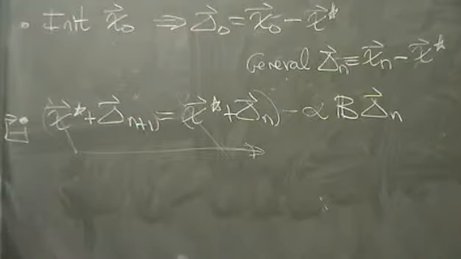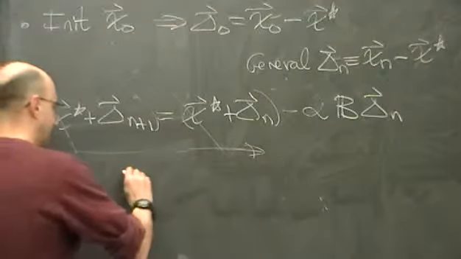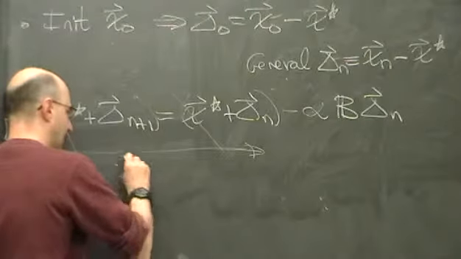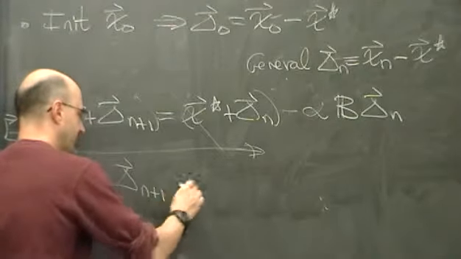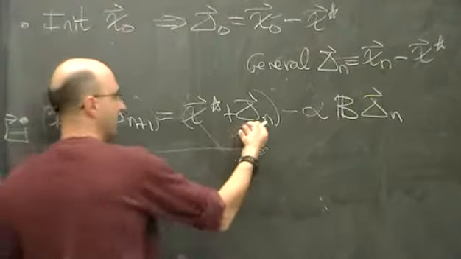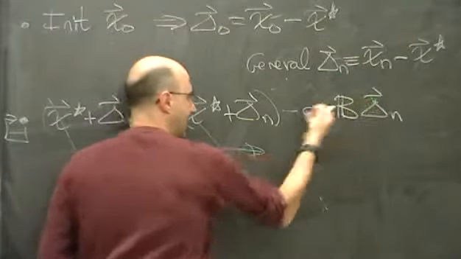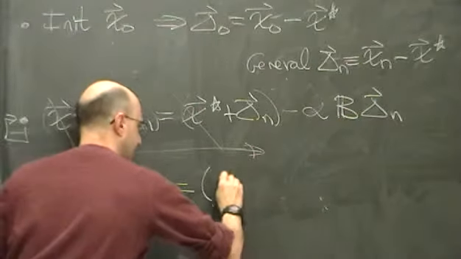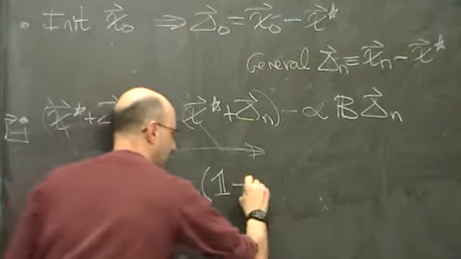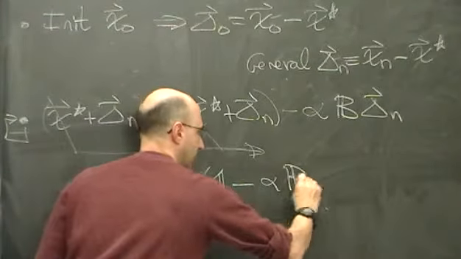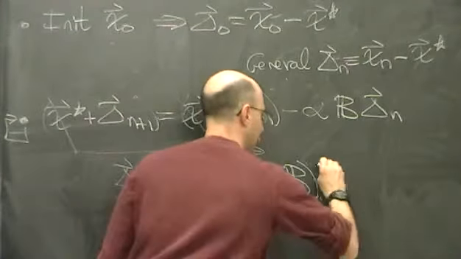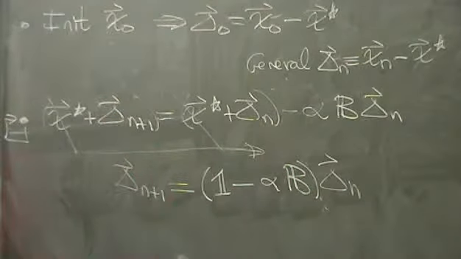Okay, so those cancel. The other nice thing, which I pointed out, is that the value of delta at the next iteration is just some linear operator acting on the error on the preceding iteration. I could write it as this operator, 1 minus alpha times the matrix B, acting on the previous iteration's error.